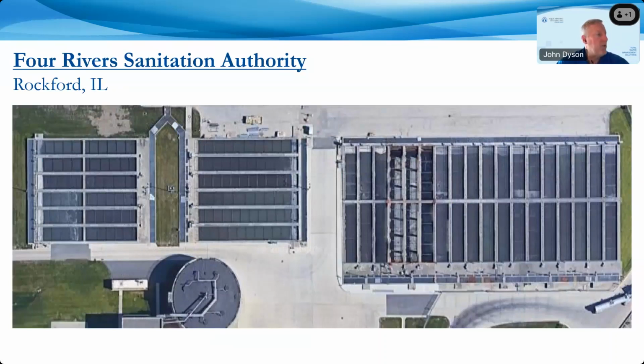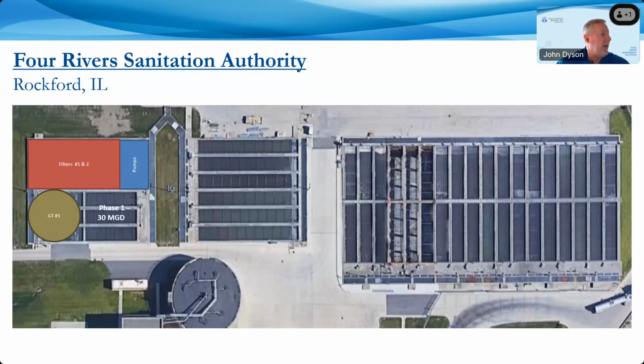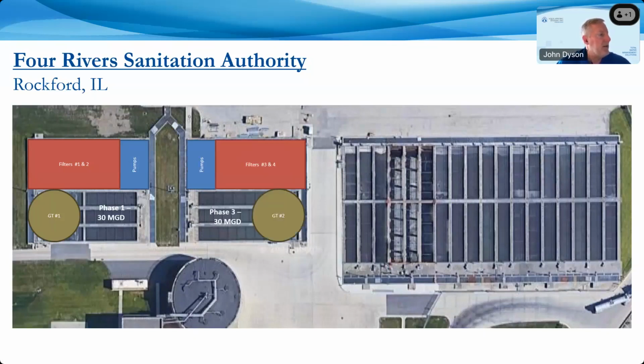Related to the advanced primary treatment aspect, we're in phase one, where we constructed the two filters, low lift, and a gravity thickener for backwash handling. They have the Aqua Nereda phase under construction now, probably a year and a half to 2 years out from completion.